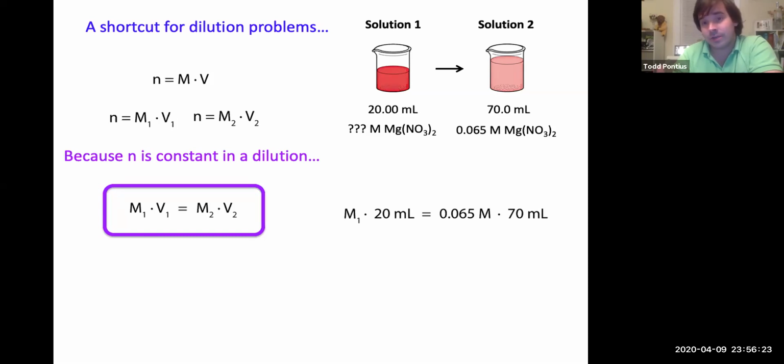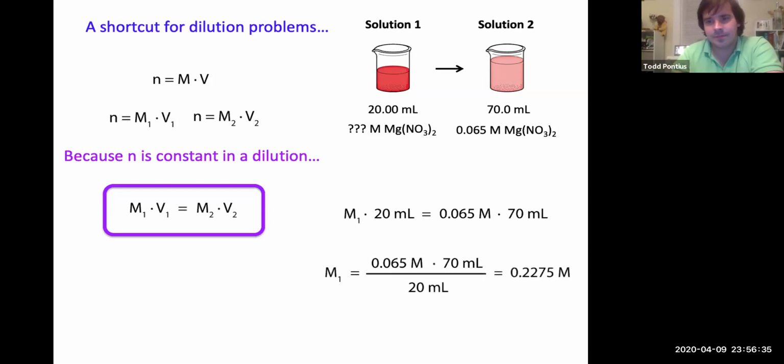Our dilute solution was 0.065 molar, and we had 70 milliliters of it. We know that we started with 20 milliliters, so that's our V1. We can divide both sides by 20 milliliters and get 0.2275 molar, which is the same answer that we got before, 0.228. So this is a useful shortcut whenever you're doing a dilution. We could also go through and find the number of moles and do what we did on the previous slide, but if you have a dilution, this works nicely.